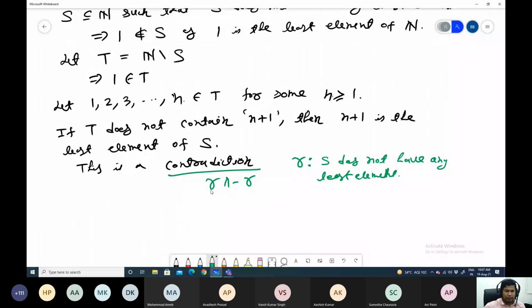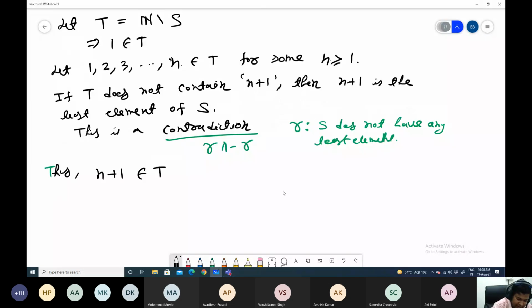Now when we get the contradiction, if T does not contain n plus 1, this is a contradiction. So that means n plus 1 belongs to T only, right? Fine.